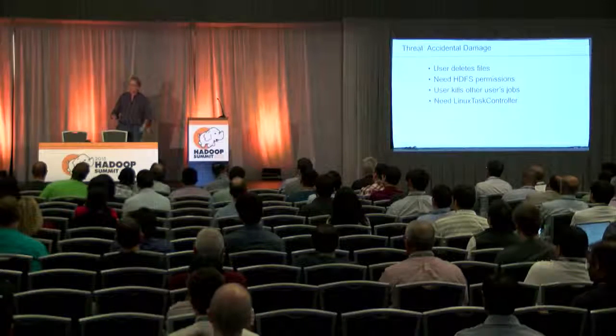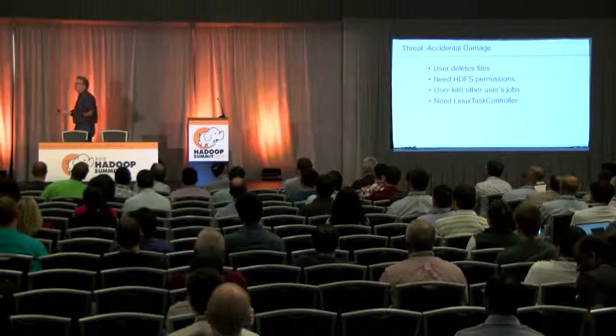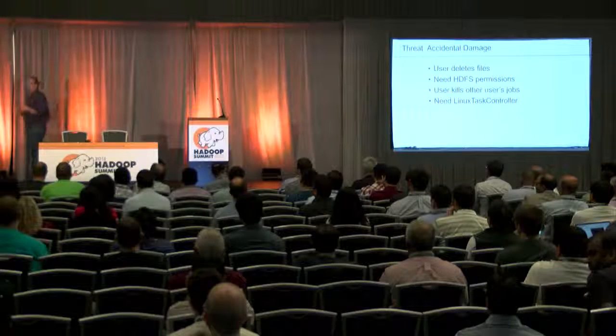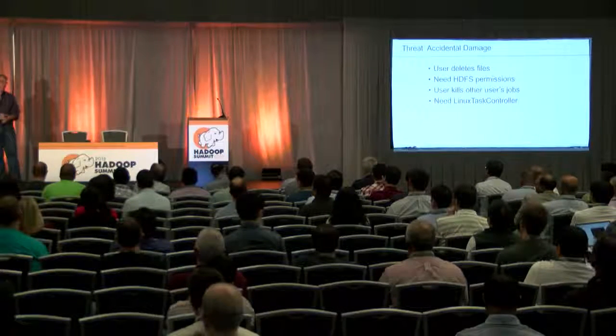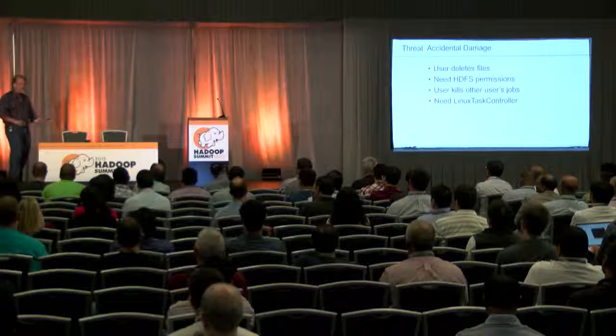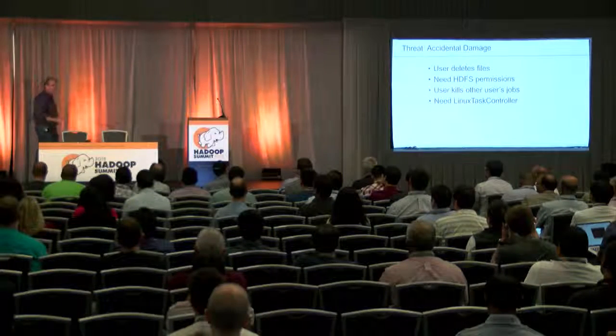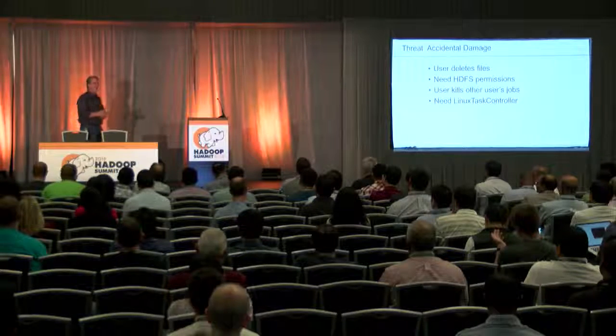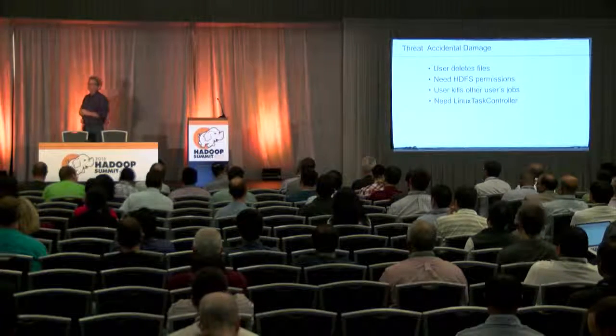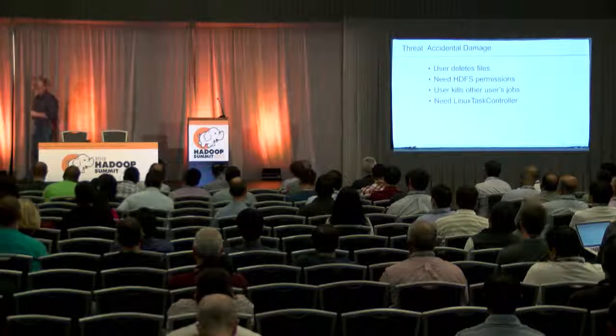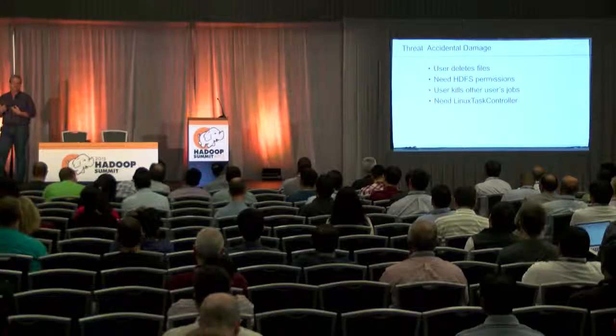So what that did, of course, was kill every process that MapRed was running that was running Java. That included all the task trackers. So what we saw was all of a sudden half the cluster disappeared. This was not good.